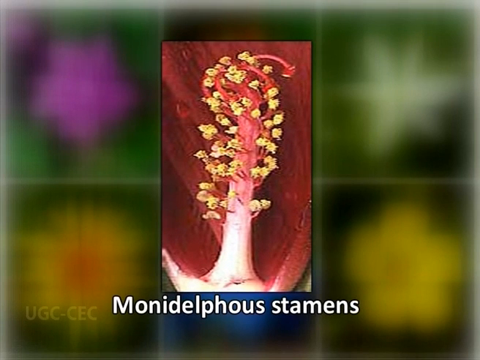Flowers also vary with respect to their stamens. The stamens show variations in their cohesion as monodelphous, where filaments fuse into one bundle but anthers are free, as in members of family Malvaceae.